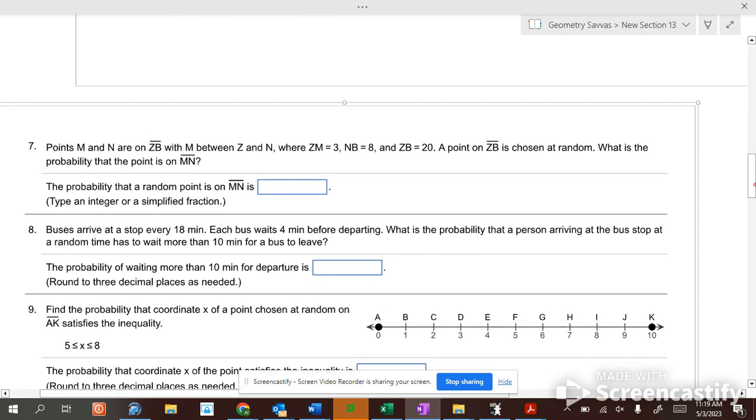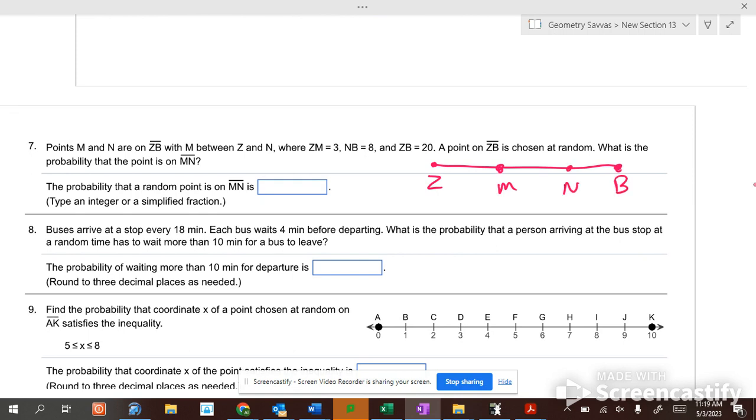ZB is in between, M and N are on ZB somewhere, and you have Z at one end, then M, then N, then B. Okay? ZM is 3, NB is 8, and the whole thing is 20.